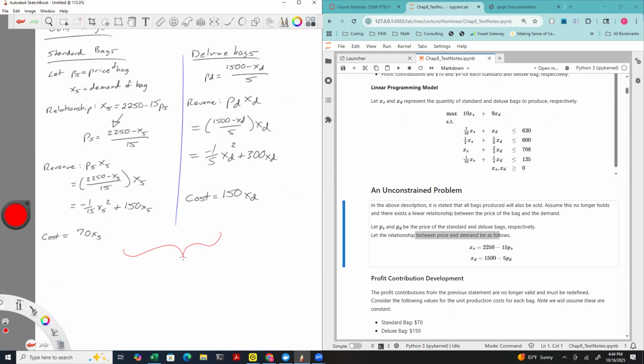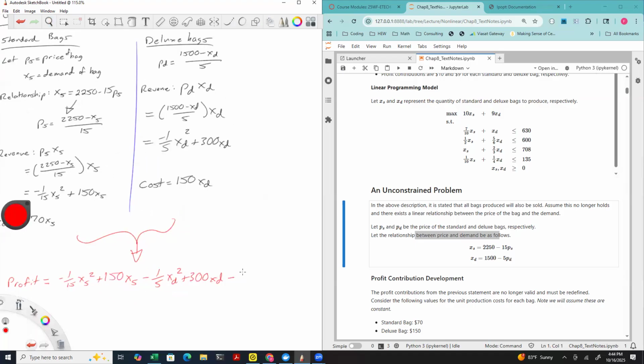If I combine all the information here and here into a total expression for profit, it would be all of the revenue. So that would be something like negative 1/15 X sub S squared plus 150 X sub S. Then this term would also be revenue, minus 1/5 X sub D squared plus 300 X sub D, minus 70 x of s, minus 150 x of d.